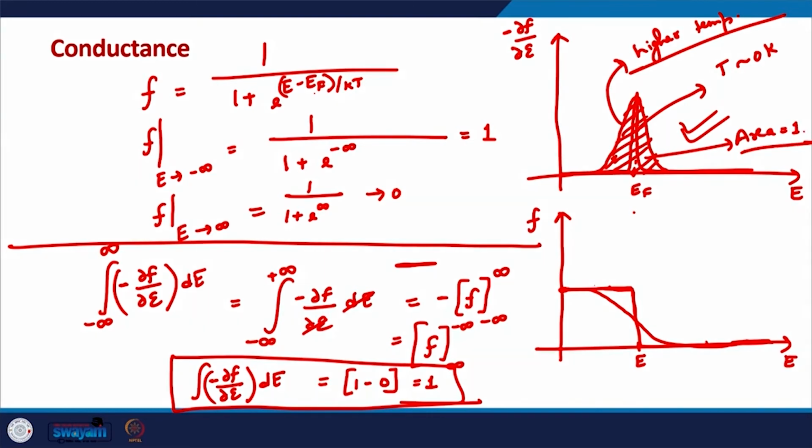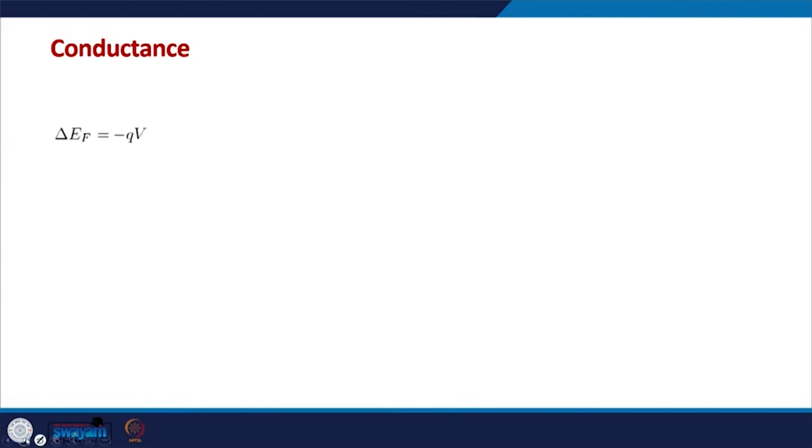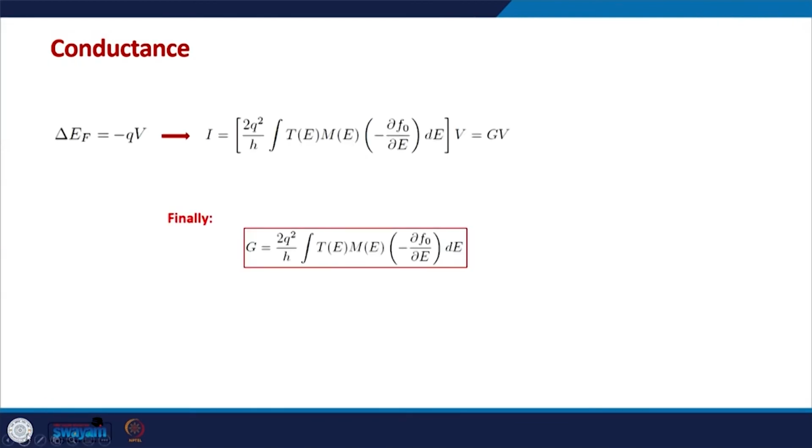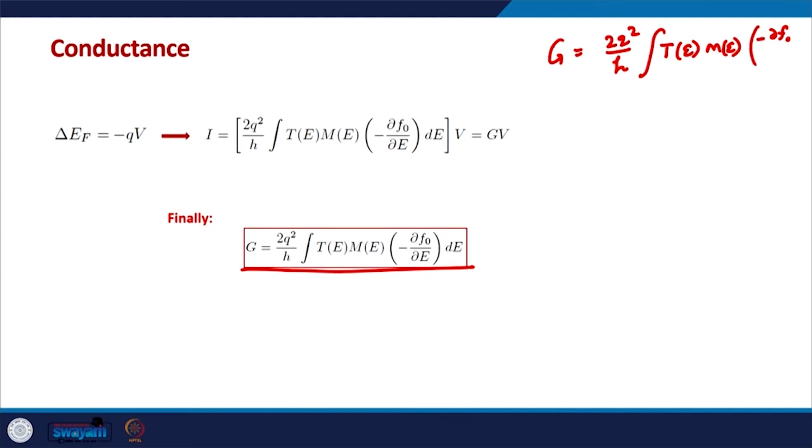With these two things with us, now let us come back to the expression of the conductance that we derived. So, the conductance is 2q square divided by h, integral of Te Me times minus del f by del E dE.